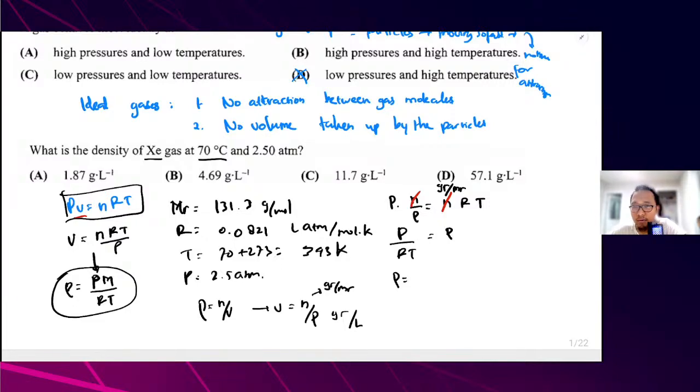Now we need to cancel out what we can cancel out here, the grams. Let's pause it first.